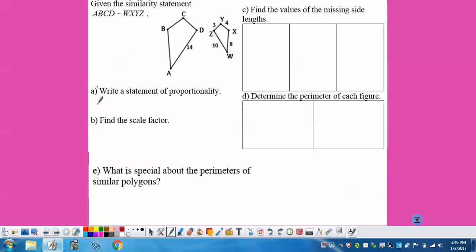So I'm going to start with AB because those are the first two letters, over WX, has to equal, next two are BC, over XY, equals CD, over YZ, which would have to equal AD, over WZ.